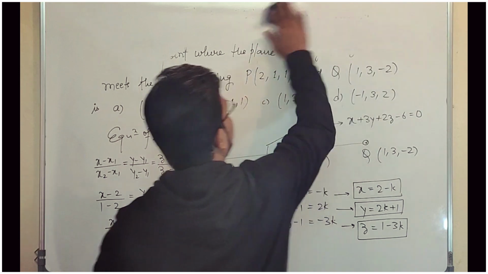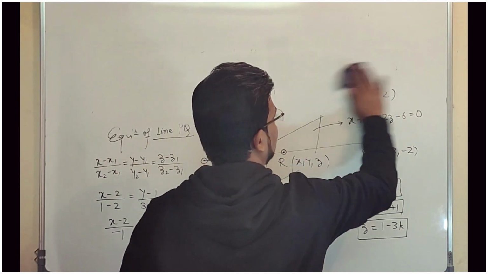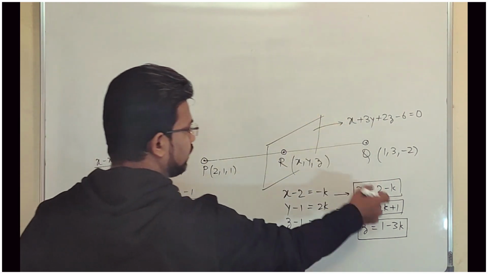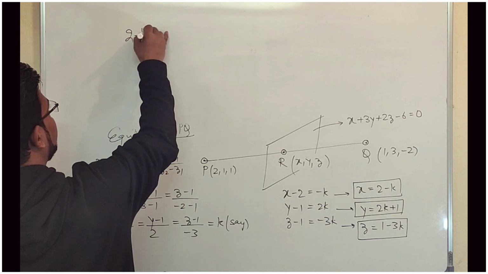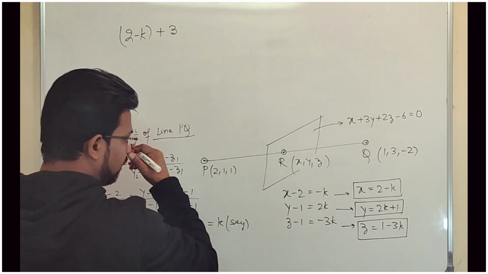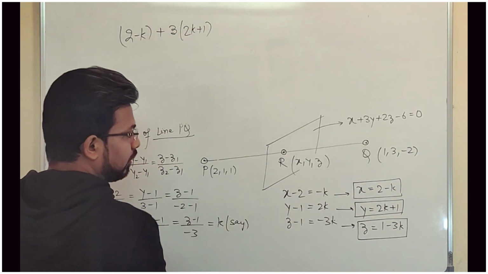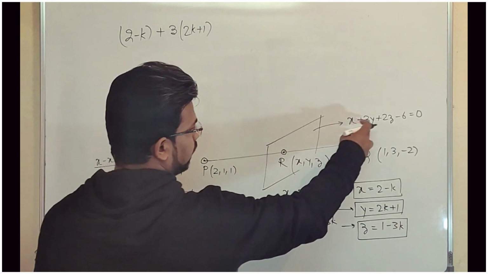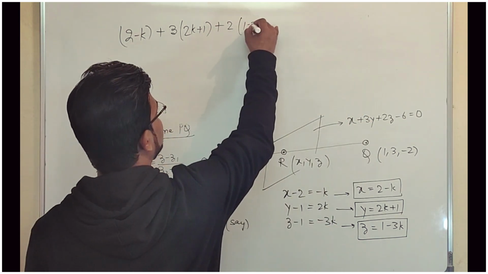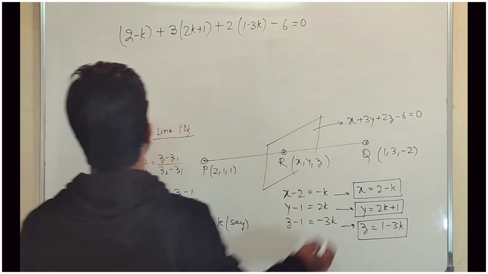So using this expression in place of x, I'll be writing 2 minus k, and then plus 3 times y. What is y? It's 2k plus 1. So 2k plus 1, and then plus 2z, which is 1 minus 3k, and then minus 6, and this is equal to 0.